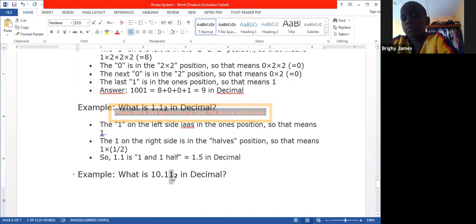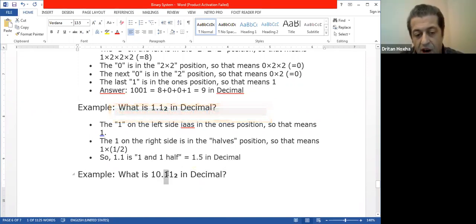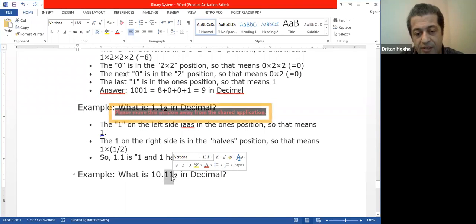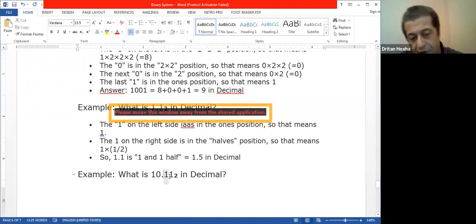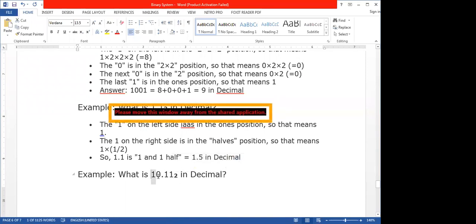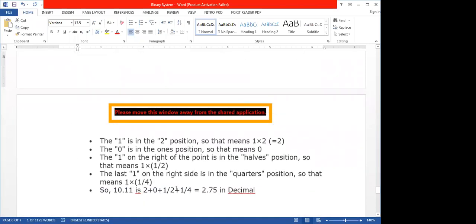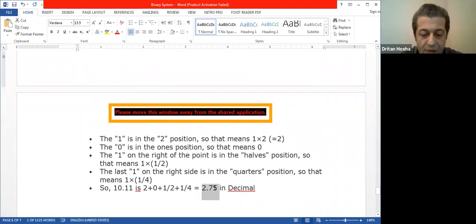This is a quarter. A half and a quarter are 3/4, so 0.75 after the decimal point. And so the number is 2.75 in the decimal system.